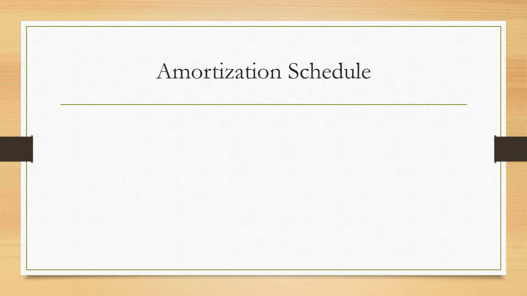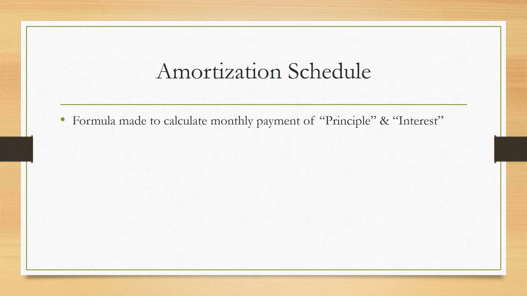Now let's take one sidestep for a second and talk about something called the amortization schedule. This is a formula made to calculate your monthly payments on your principal and your interest. What they want to do is make sure that it remains constant throughout the life of your loan. Now, I'm going to be honest with you.